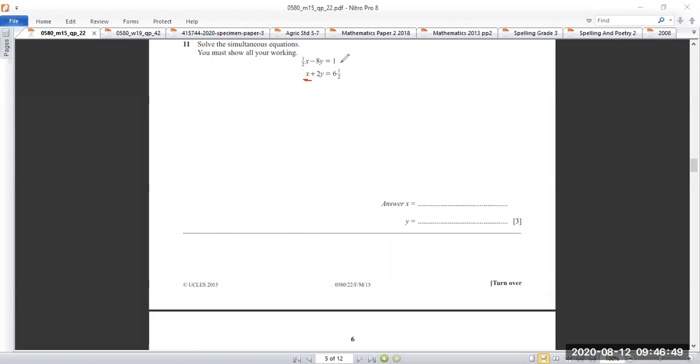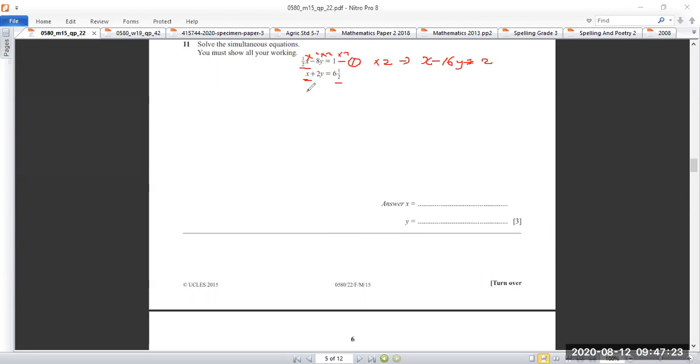I say eliminate. The next important thing is to make sure that we eliminate this fraction. So this is equation 1. We multiply throughout by 2, and we will get x minus 16y is equal to 2.